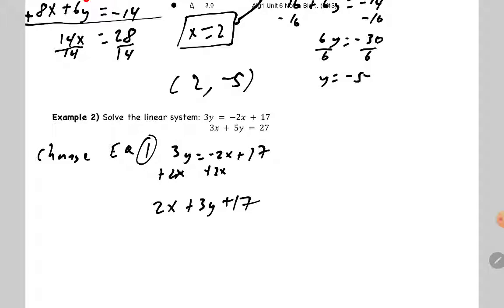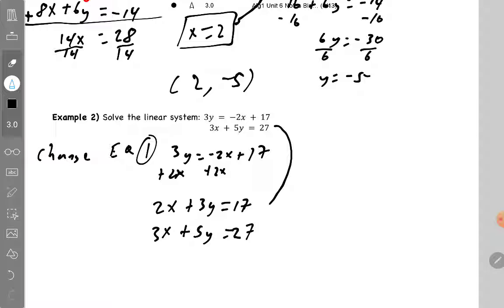Okay. And now I'm going to overlap these just to organize it. And that's an equal sign. Okay. Now what? Okay.